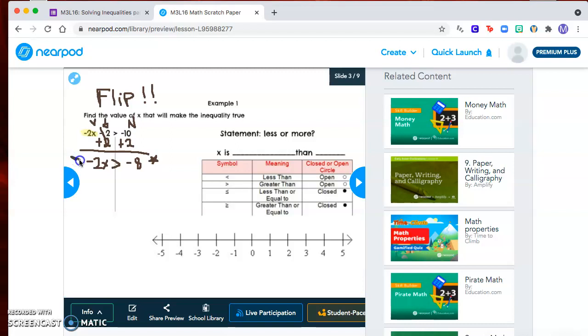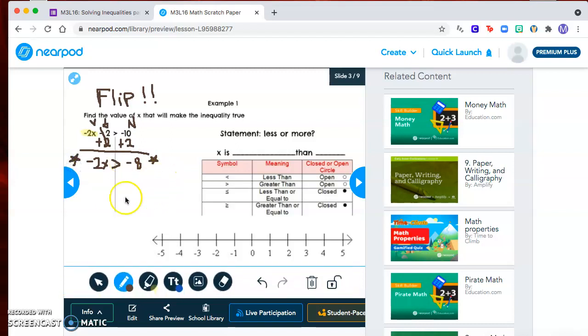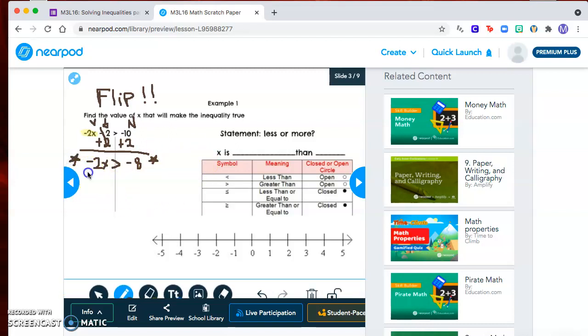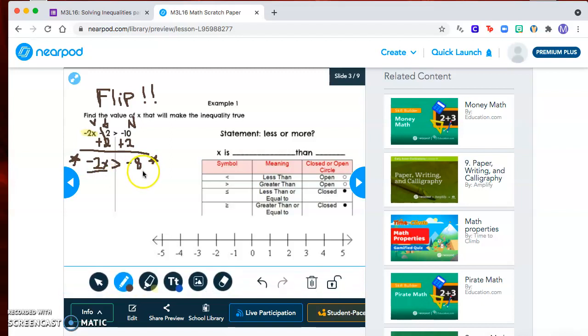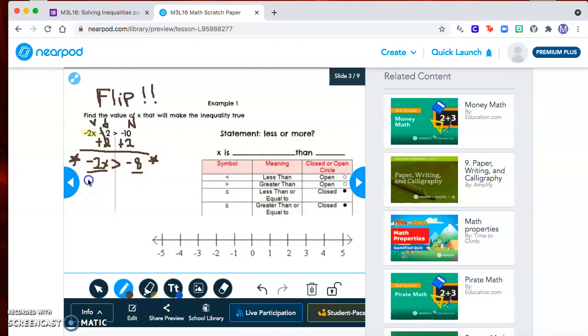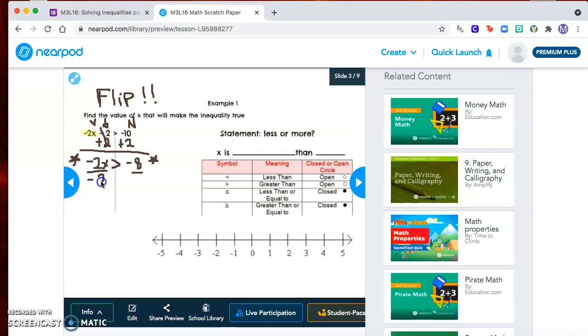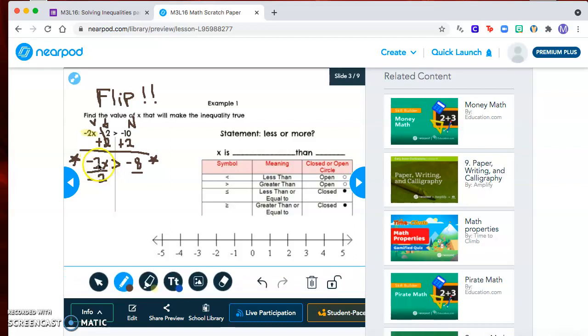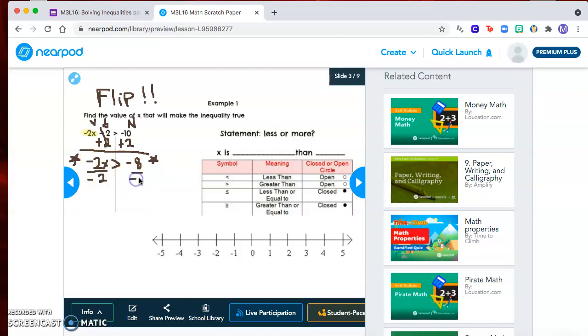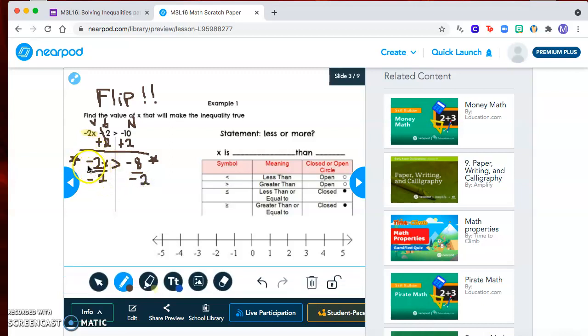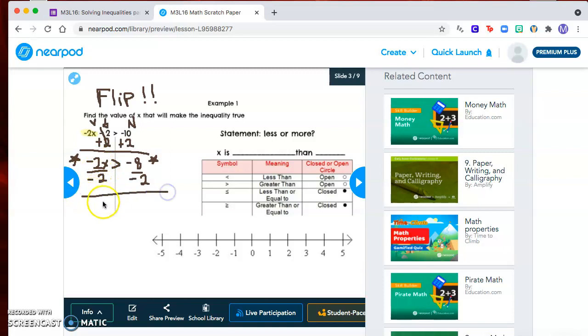Okay, so here's the part, and I'm going to put a little star right here because it usually happens on the second step, because we have to divide by a negative number. We want to get 1x, and we want to figure out what times -2 will give me -8. So we divide by -2. Remember, anything divided by itself gives me a +1, so that includes the negative. So we divide by -2 on both sides, and I get 1x.